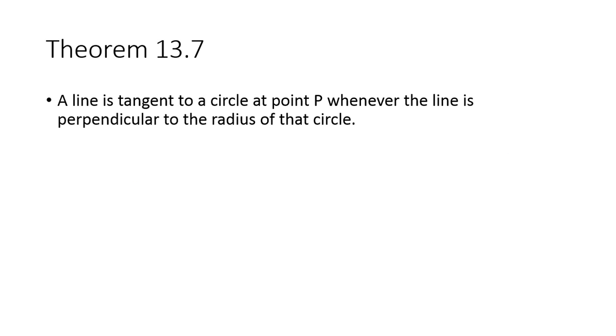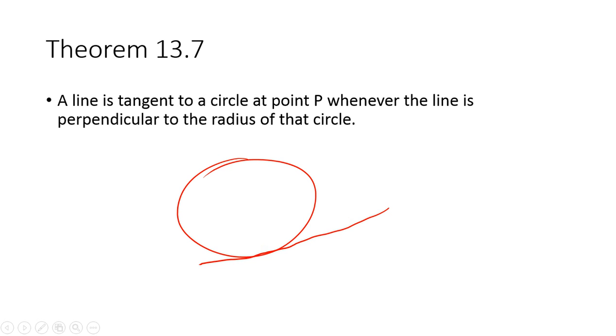A line is tangent to a circle at point P whenever the line is perpendicular to the radius of that circle. So if we have a circle and a line that we think might be a tangent, one way to know for sure is to check the radius.